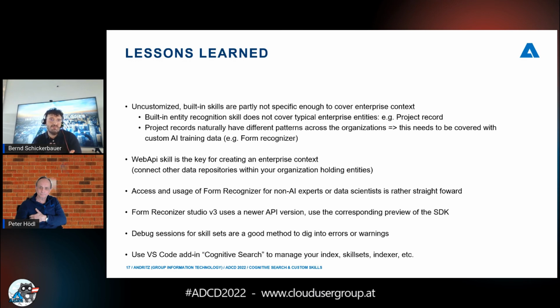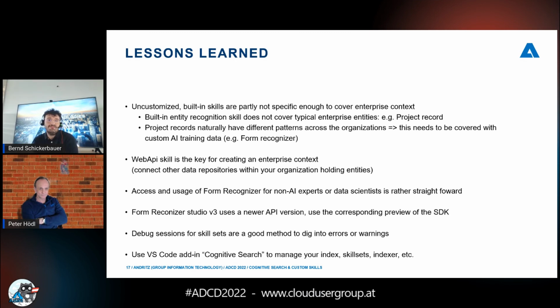So for these major enterprise entities, which are not always equal, this can only be covered with custom AI training data, like we do with Form Recognizer. So this was our main learning: whenever it comes to typical enterprise entities, you may need to find your own way to get these entities recognized, so to speak.